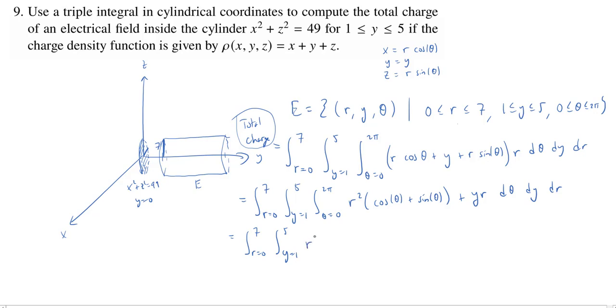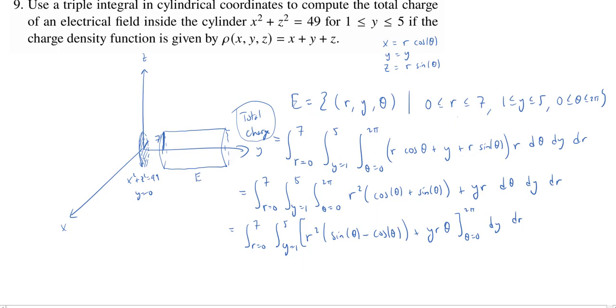So we'll have r squared times sine theta minus cosine of theta, plus, well, there is no theta here, so it just becomes yr theta. And we'll evaluate this as theta goes from 0 to 2 pi.